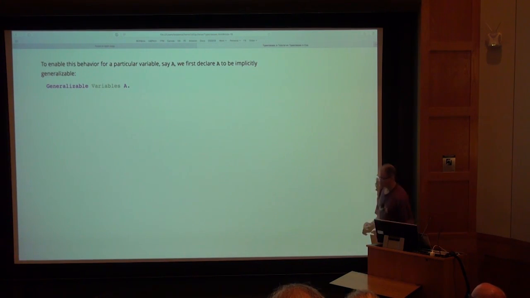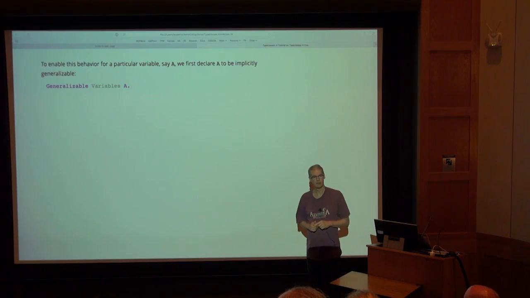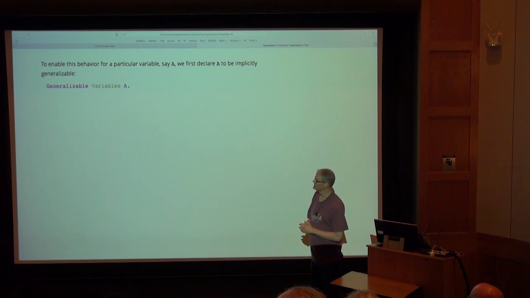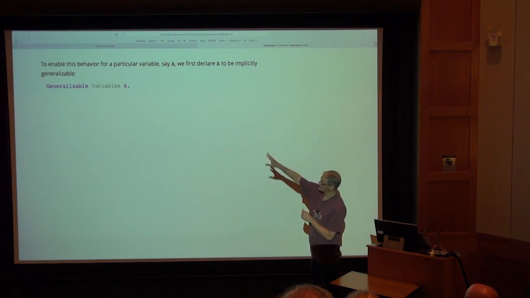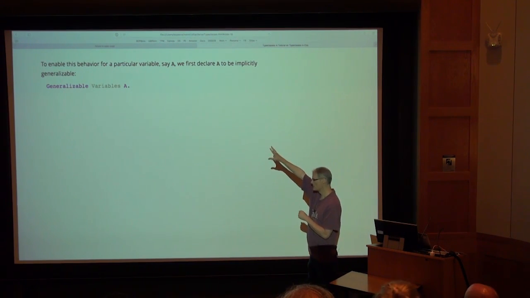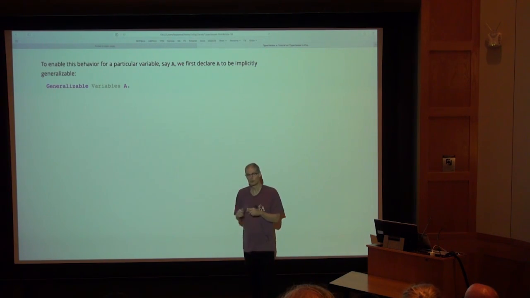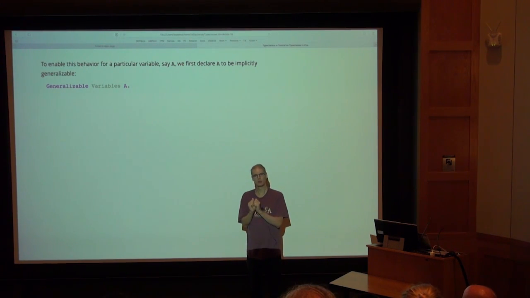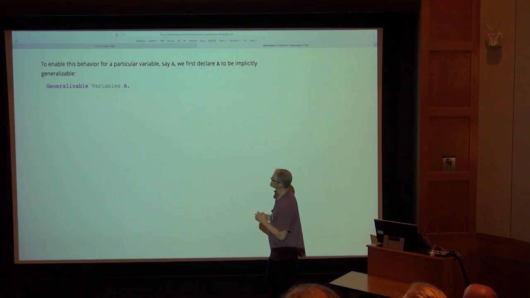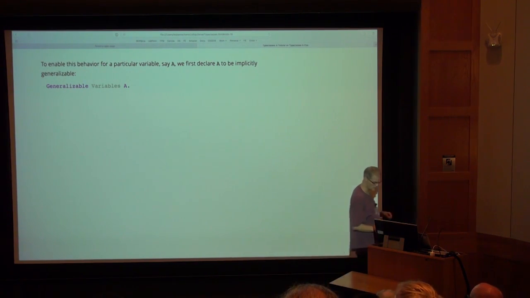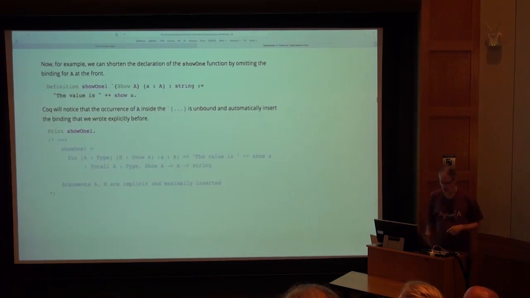And in order to prevent mass confusion, if you just make typos or things like that, you wouldn't want your mistakes to automatically get generalized. So the type class mechanism requests that you first declare these are the variables that by convention I'm going to want to be implicitly generalized. So let's choose A for purposes of this discussion.